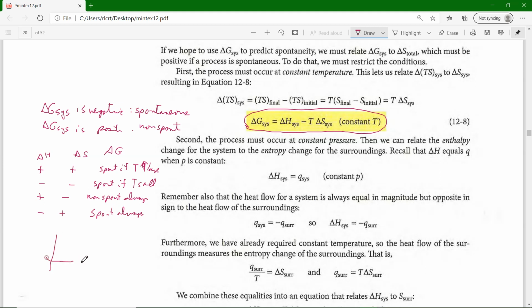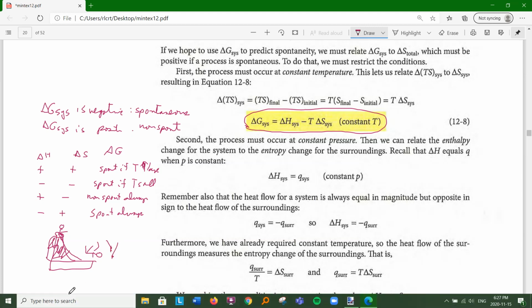And the analogy I like to use is someone on a ski hill, and they go down the hill. So they're getting more energetically stable because they're closer to the ground. But as they fall, they break their arm, the poles are going everywhere, and it's a big mess.